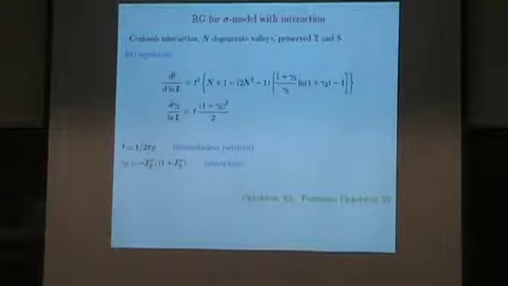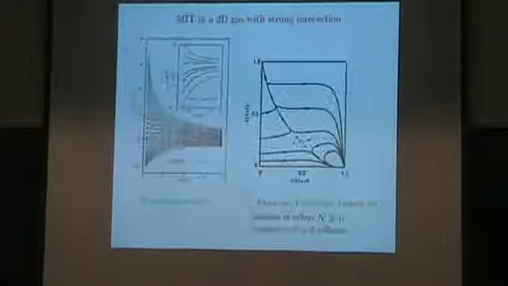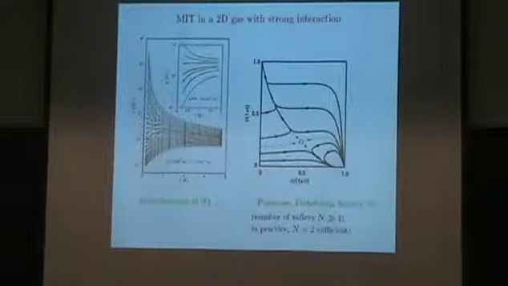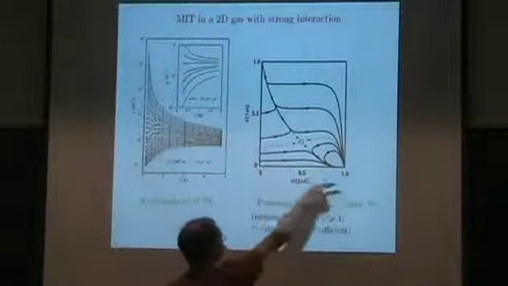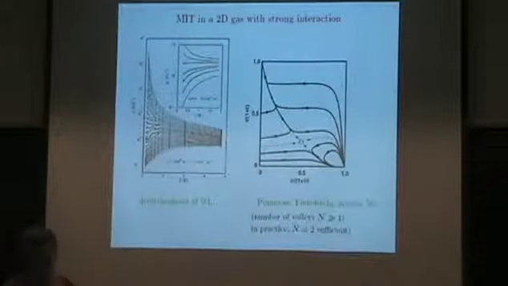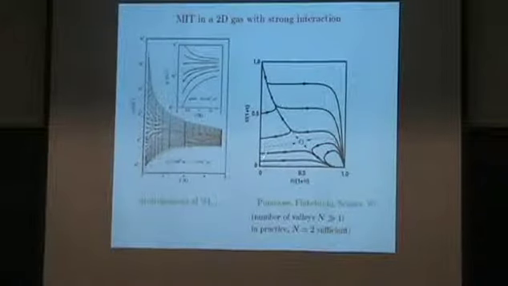Analyzing these two equations, they obtained this plot, the resistivity versus the interaction, and there is a flow to a metallic fixed point, zero resistivity, large interaction, and to an insulating fixed point, infinite resistivity.